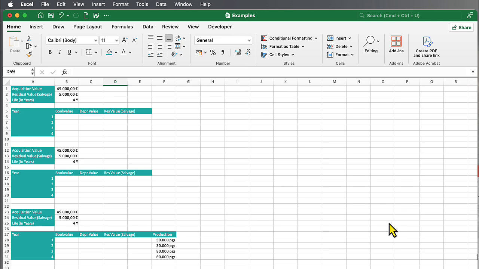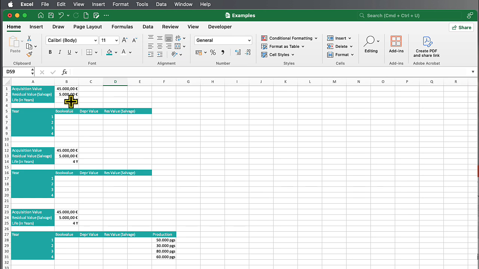So in our case, we're talking about a printer, and there are different methods to calculate this depreciation. We talk about an acquisition value for the printer of 45,000 euro. We talk about a final value or residual value at the end of the lifespan we're going to use it, or called salvage, of 5,000 euro.